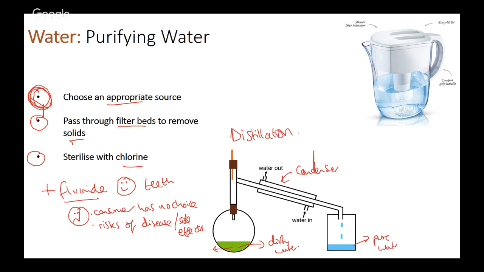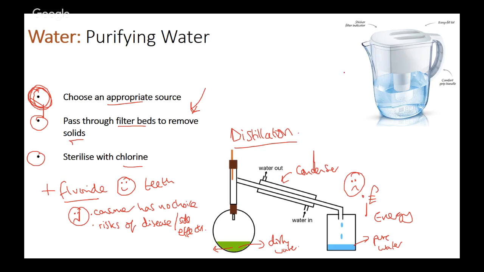But the trouble with this is, first of all, it costs a lot of money, and secondly, it costs a lot of energy. So that's not really a feasible solution for getting our pure water by distillation. This, although it may not be quite as good, is a more appropriate process to follow.